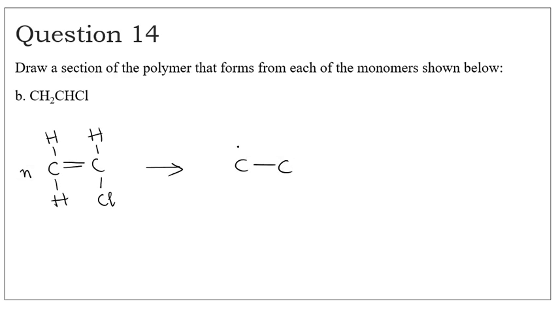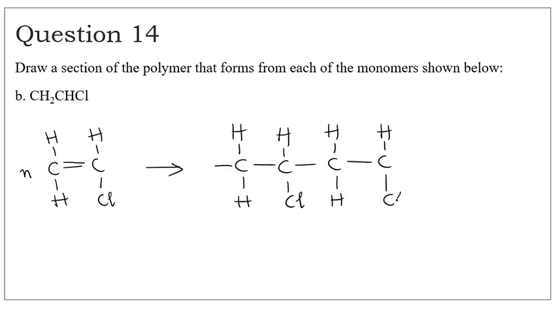C, C. So we have H, H, H, and Cl. And this is linked to another monomer. I'm just going to start with 2.